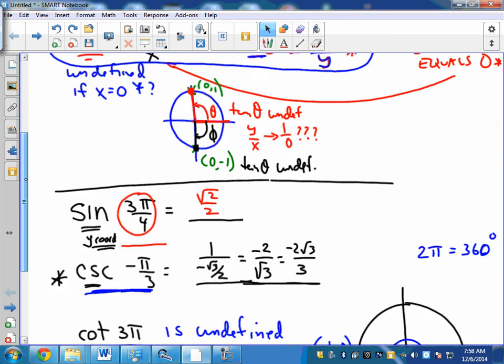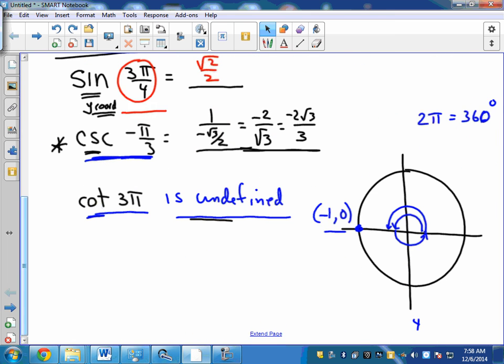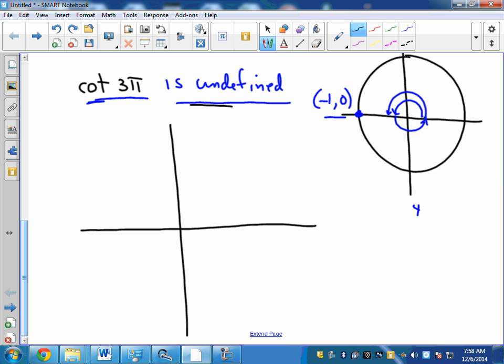Yes, you should certainly go ahead and memorize the angles and the definitions for all the standard angles on the unit circle.